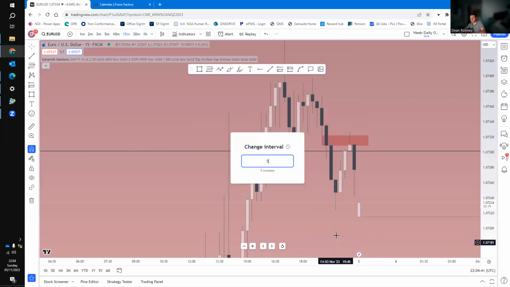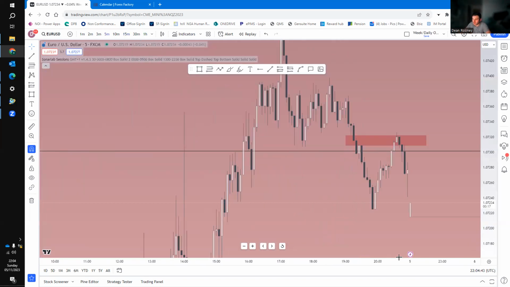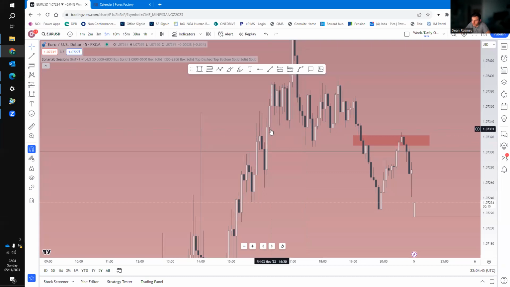If I go to a 5-minute time frame, you'll see here, when we were coming up, we've got this fair value gap here, which was a bullish fair value gap.